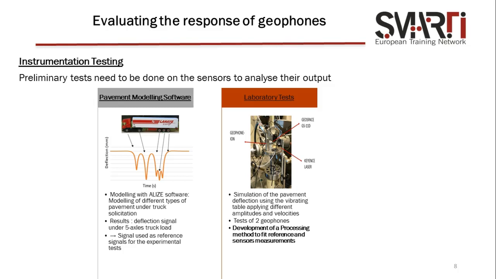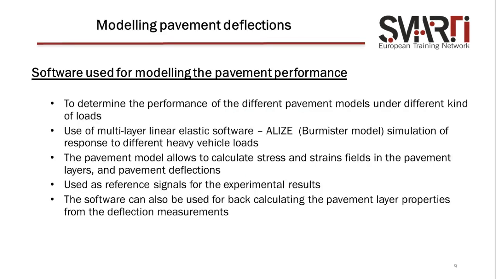First we are trying to model the pavement to see what type of deflection values we can get. We are using software to model the deflection values, and then we will test these sensors in a laboratory setting to see what kind of results we get. The modeling is done through a software called Alize.